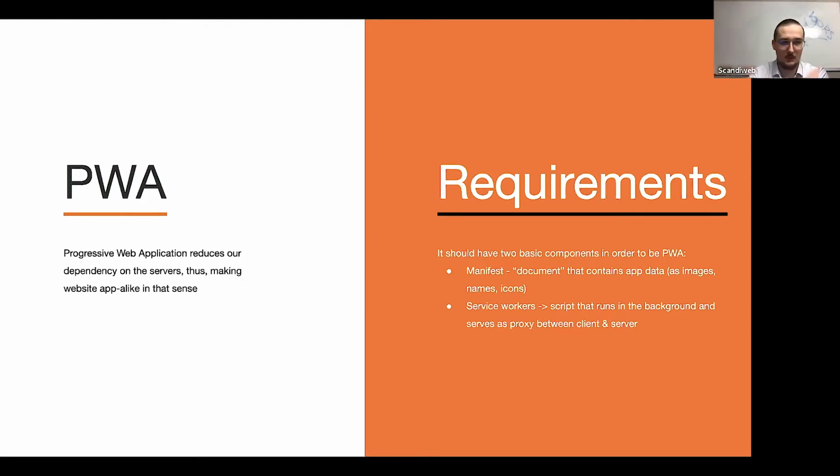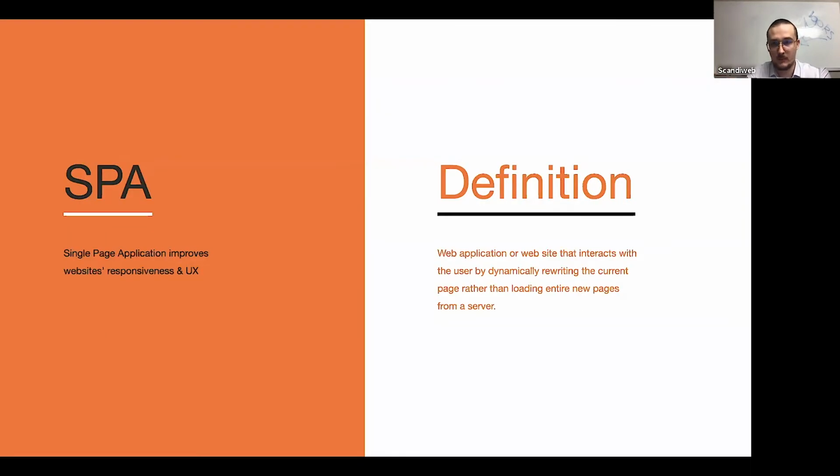It's sort of a document that contains app data such as images, names, icons, etc., and service workers. A service worker is a script which runs in the background of your browser, like Safari or Google Chrome, and acts as a proxy between client and the server for passing data between those.